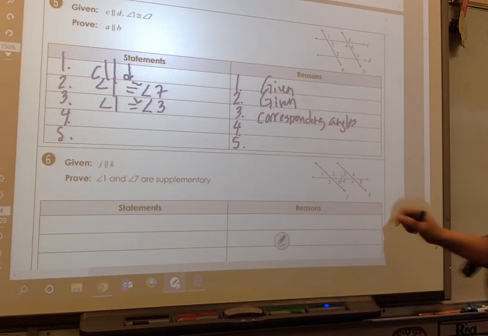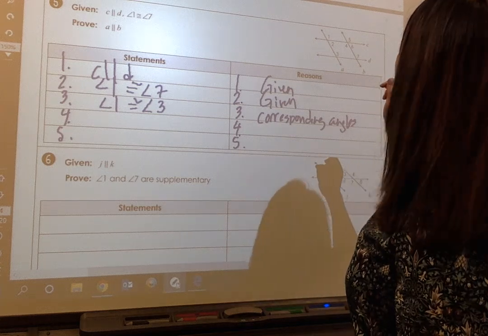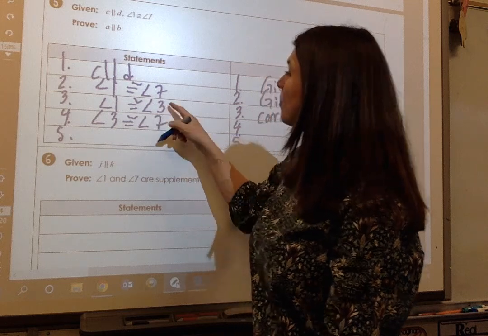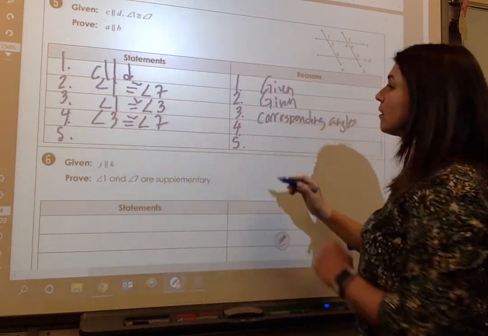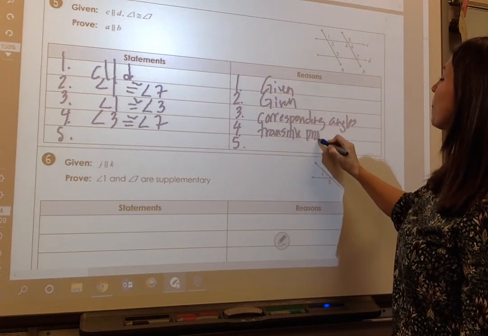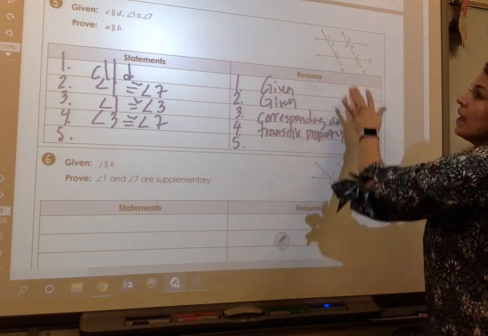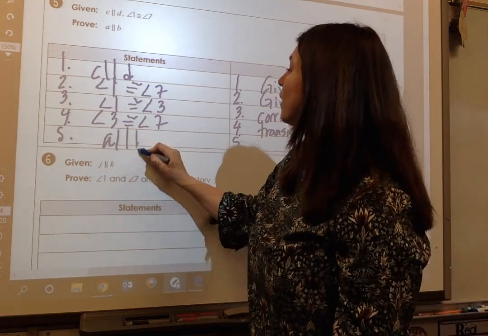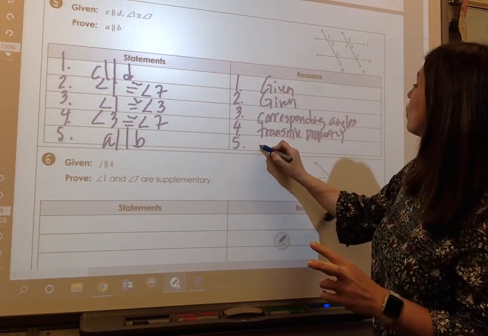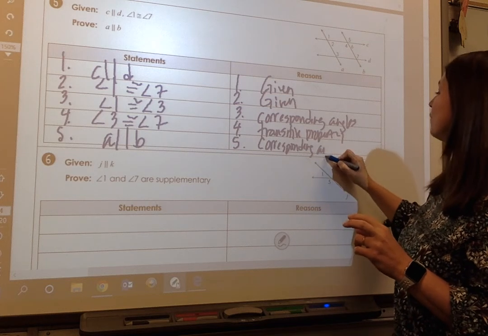And now I know that angle 3 is congruent to angle 7, because if I look above, I've got the transitive property here. And now, because angle 3 is congruent to angle 7, I know that A is parallel to B because of the corresponding angles converse.